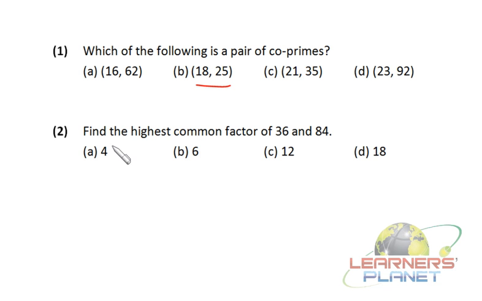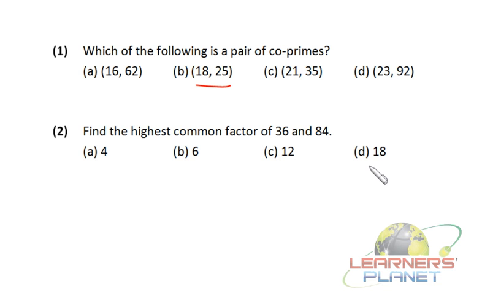Now in the next problem, find the highest common factor of 36 and 84. Now we have various methods to solve this problem. Since there is none of this in the options, we can go even by elimination of options. Let's take the highest number available, 18 over here.